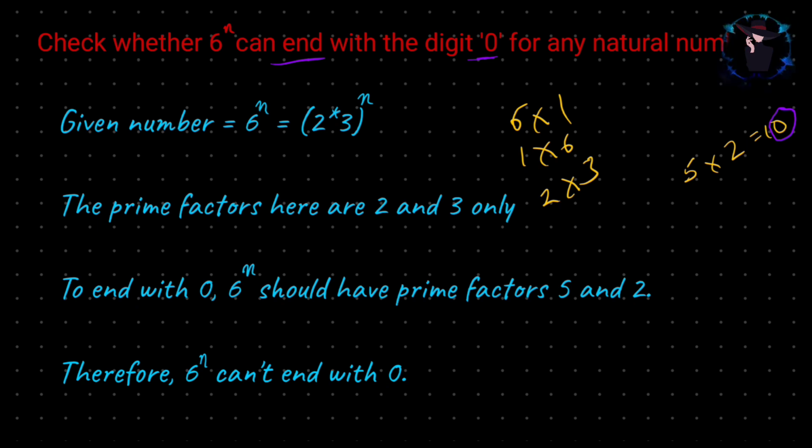It can be 20, 30, 40 and so on, but the least thing should be 10, which cannot be satisfied by 6, because 2 into 3 is not 10, and 6 cannot go any further to give you 10. So 6 power n can't end with 0. We need at least 5 and 2 to make something that has 0 at the end. So 6 power n can't end with 0.